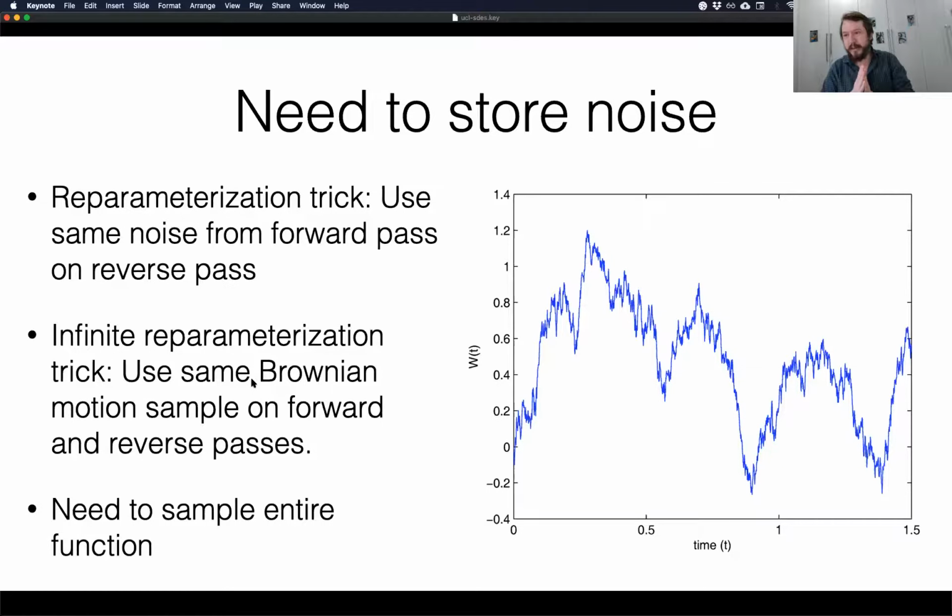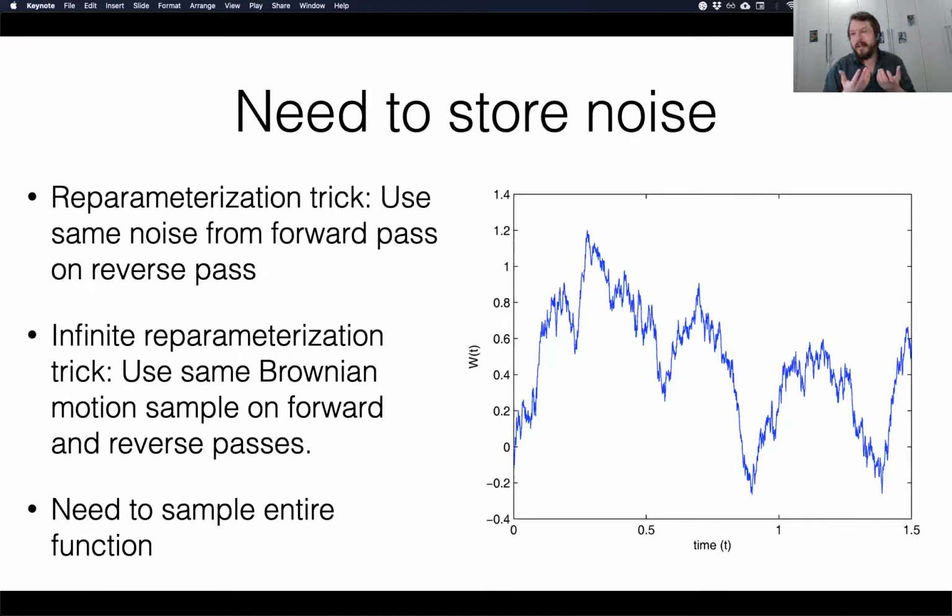Okay, and so then the remaining part is I said, okay, how do we store the noise? We know how to store a finite number of random variables, but how do we sample an entire sample path from a Brownian motion so that we can integrate our SDE path? And it's kind of cool because the reparameterization trick was a big deal in 2013 when the two VAE papers introduced it or rediscovered it.